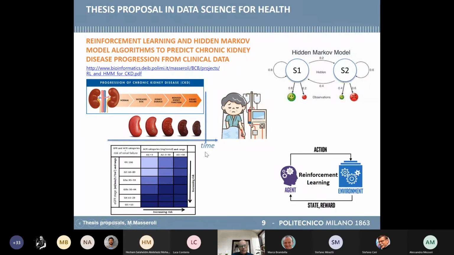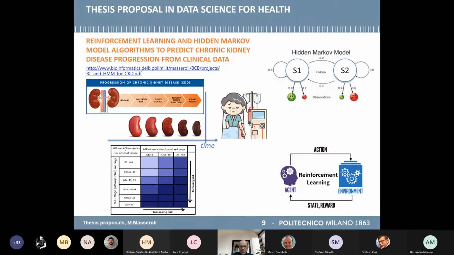The grading of this progression used at present by the clinician is given by systems that characterize the different stages, but is not able to predict when there will actually be the need for the patients to enter into dialysis. So within 6 months, 1 year, 2 years, or whatever.